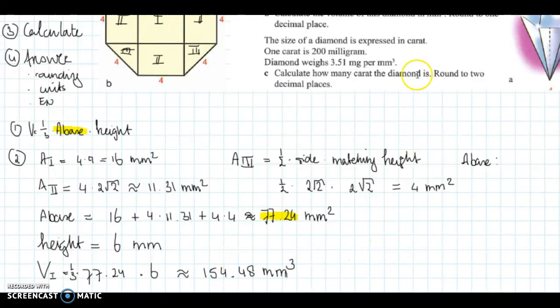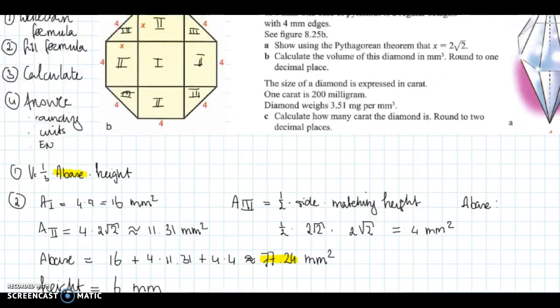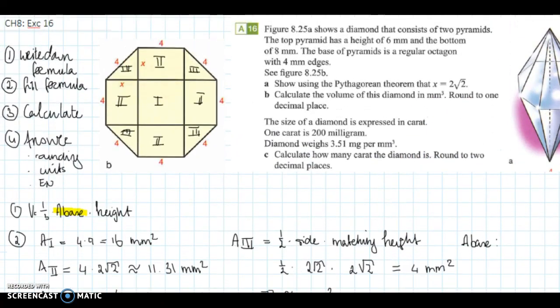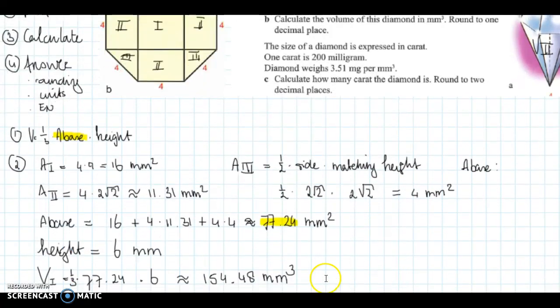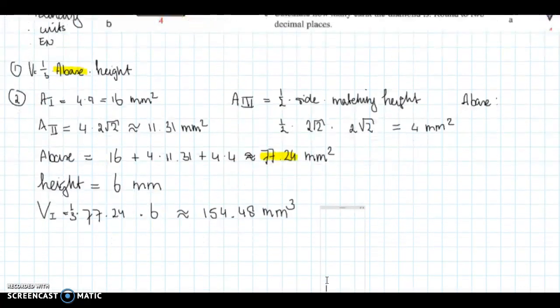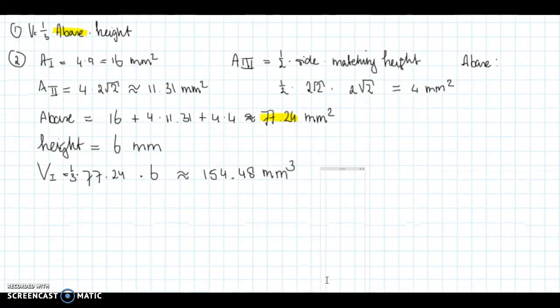Okay, then we move on to the second one, and the bottom one has a height of 8 millimeters. Of course, the base is the same now, so this was the first one, and then here the bottom one, that's volume 2, and that one has a height of 8 millimeters, and basically the base didn't change, it's still the same octagon.